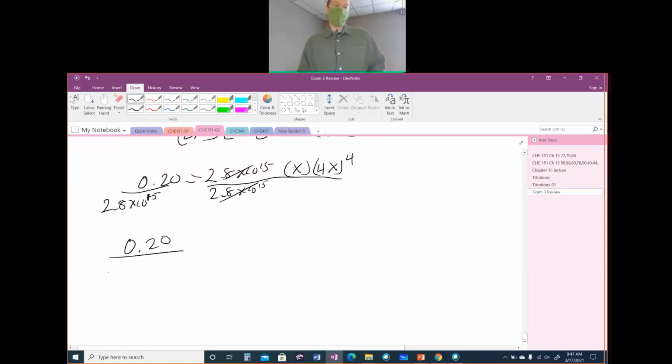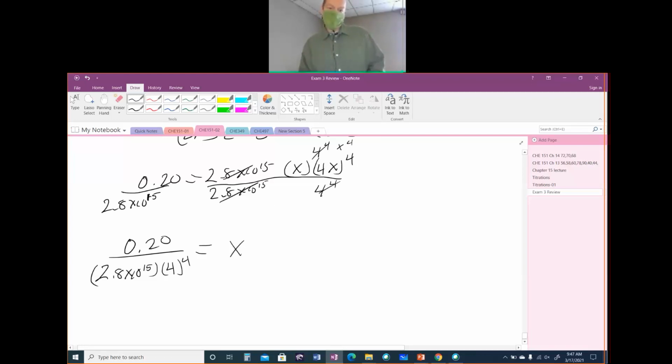0.20, now I've already divided by 2.8 times 10 to the 15th. And now I also have to divide by 4 to the fourth. When I divide this by 4 to the fourth, because when you multiply that out, that's 4 to the fourth times x to the fourth, I'm getting rid of my 4 to the fourth.